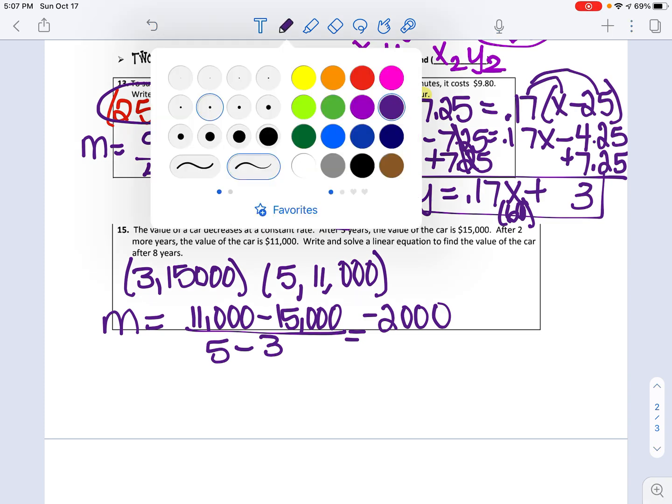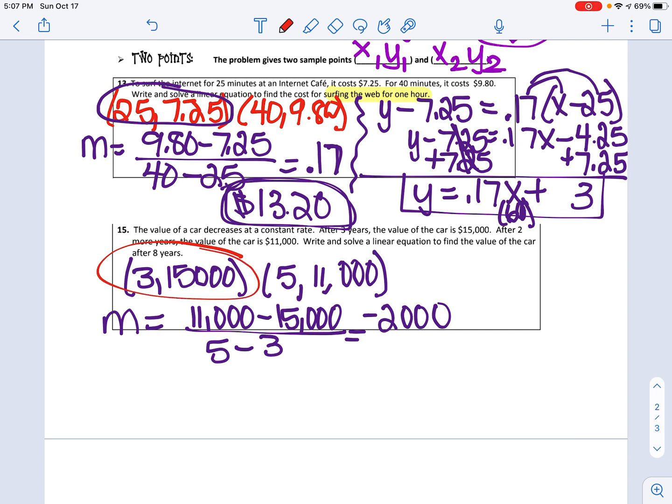So now you're going to pick either point. I'm going to use a different color. I'm going to pick the first point again. I'm going to say y minus 15,000 equals, I'm going to run out of room.